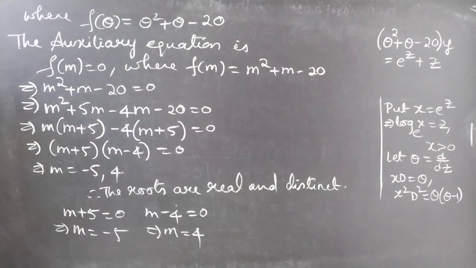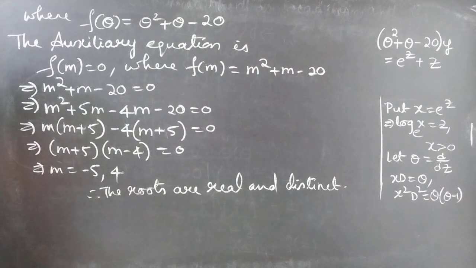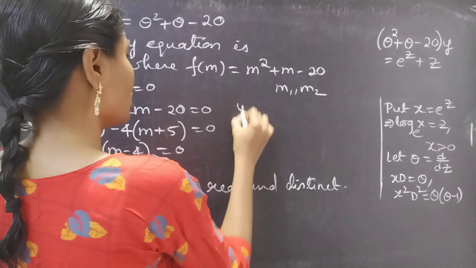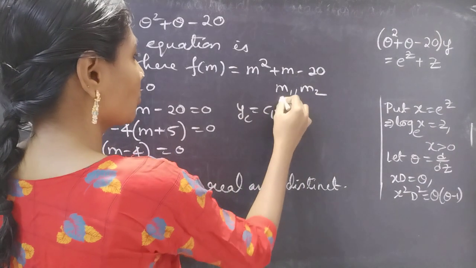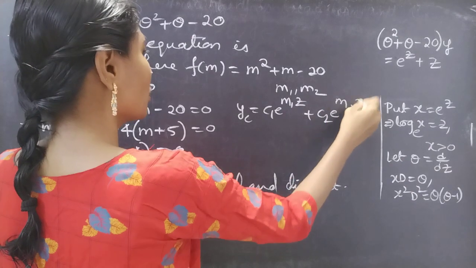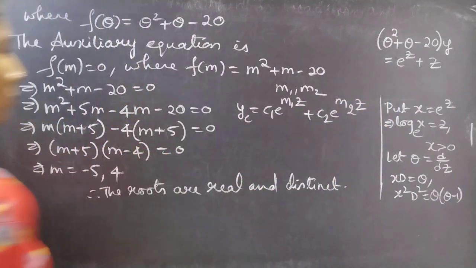We know that when two roots are real and distinct, say m1 and m2 are real and distinct, then yc looks like c1 e power m1 z plus c2 e power m2 z, right?